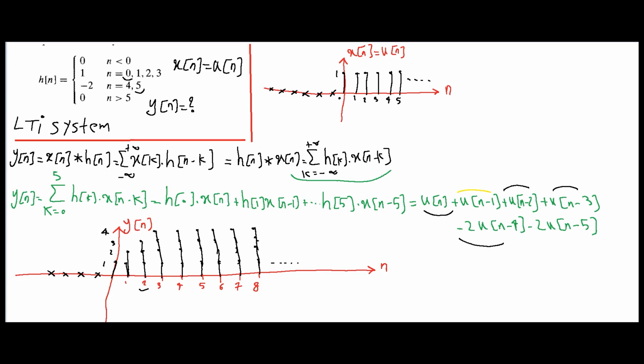The next term is minus 2 u[n minus 4], which starts from n equal to 4 and subtracts 2 units from the previous values. And finally, minus 2 u[n minus 5], which starts from n equal to 5 and subtracts 2 more units from the previous values.